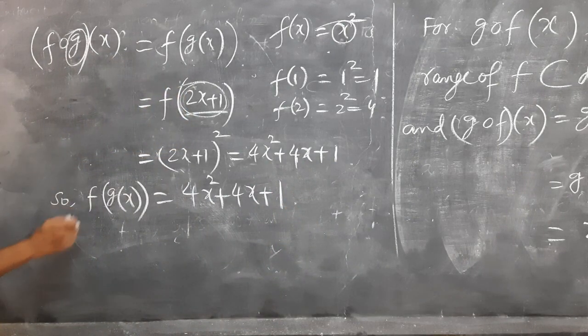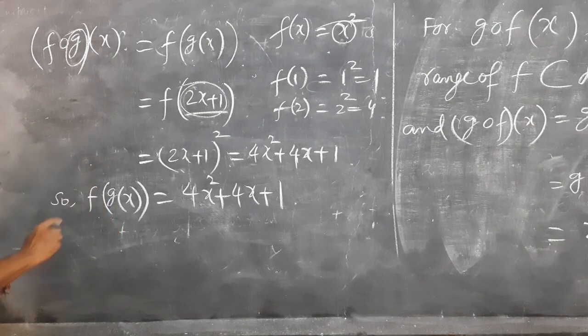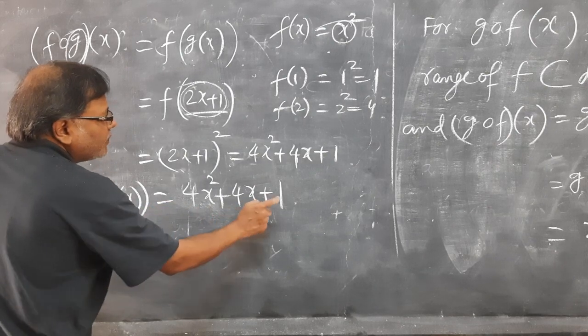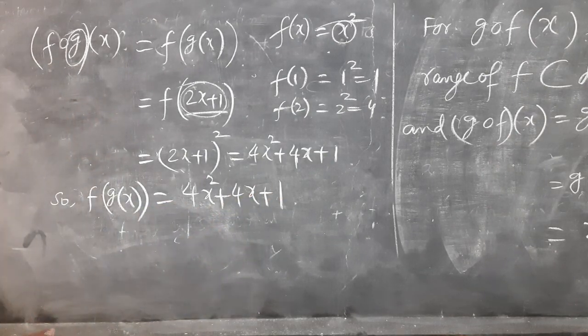So finally the value of FOG(x), which can also be read as f(g(x)), is equal to 4x square plus 4x plus 1. I hope till this point it is clear.